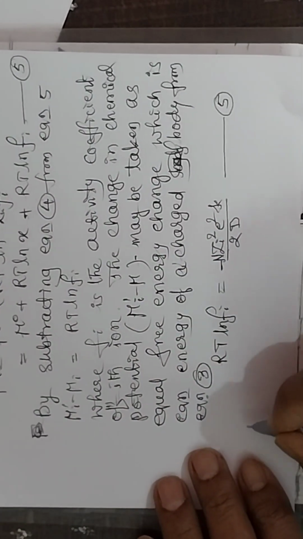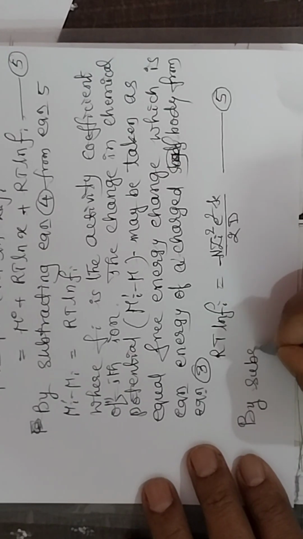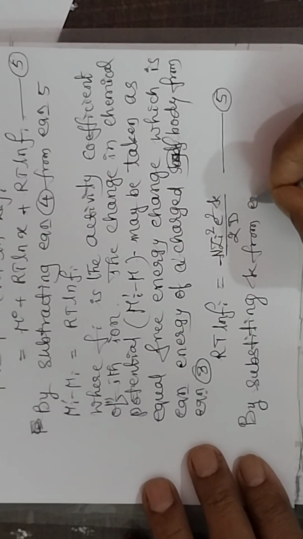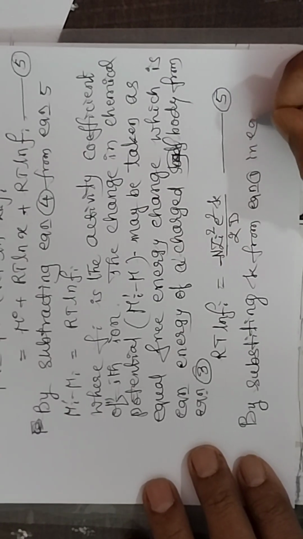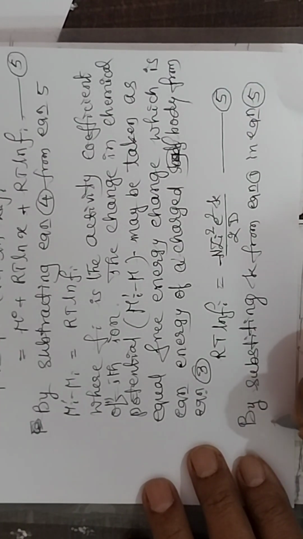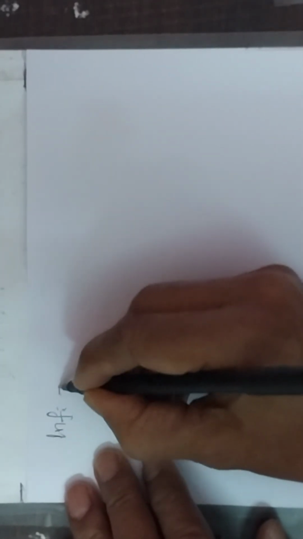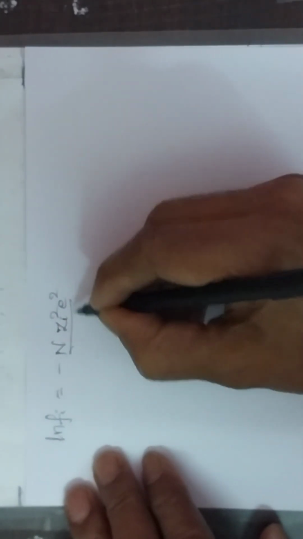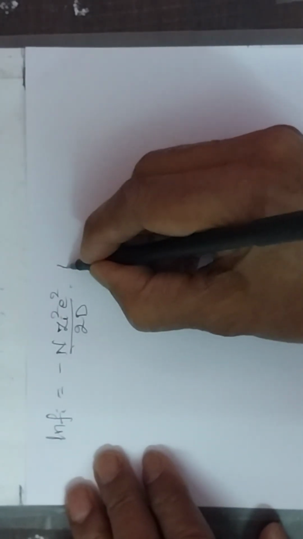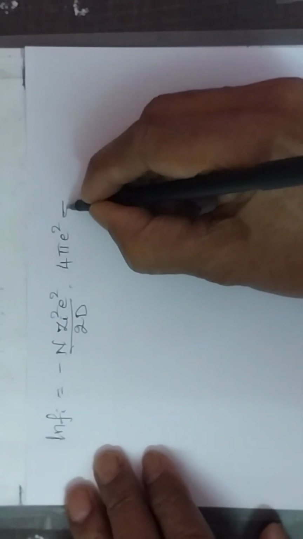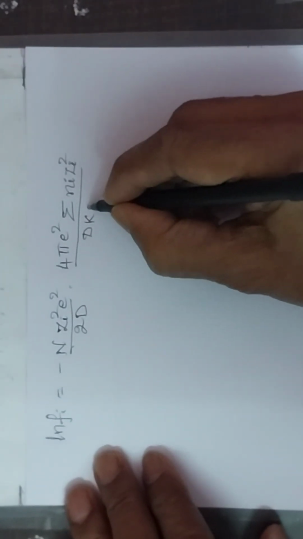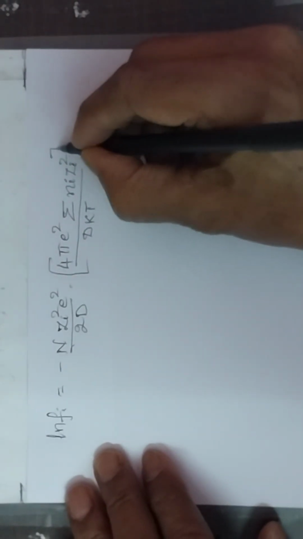By substituting kappa from equation 1 in equation 5, we get ln fi is equal to minus N Zi square e square divided by 2D, then you substitute the value of kappa, that is [4 pi e square summation of ni zi square divided by D k T] raised to half.